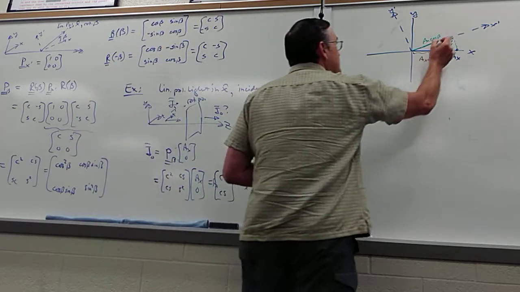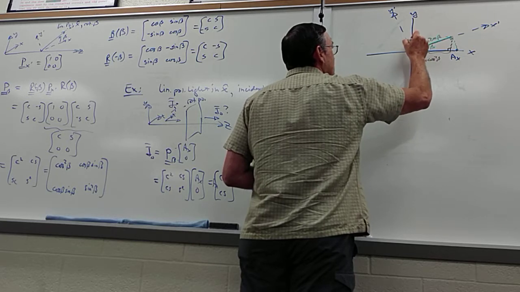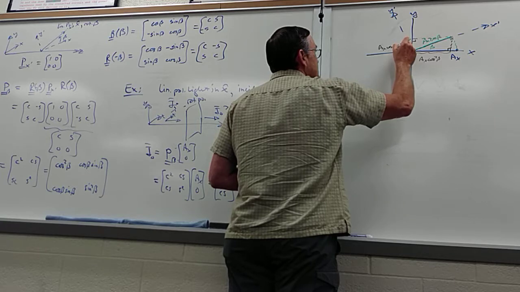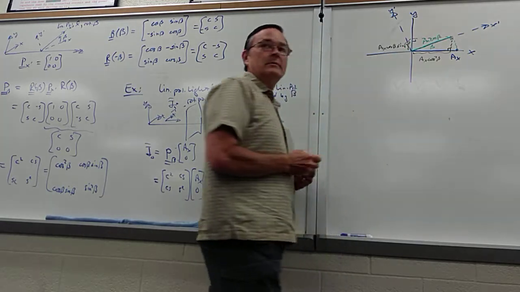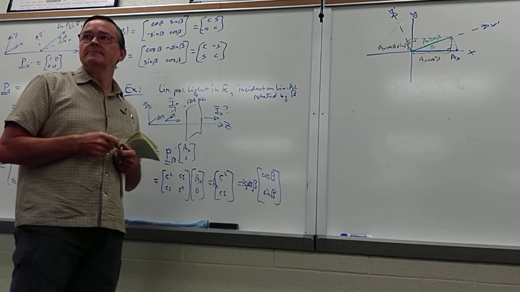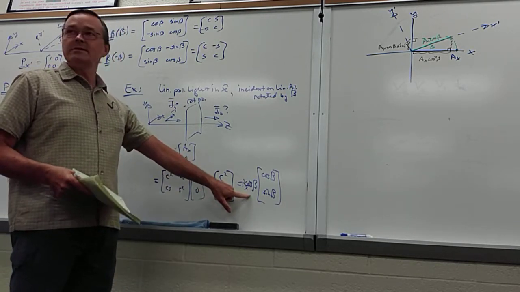And then the fraction of it that's in the Y direction is just here, and that is A x cosine of beta sine of beta. Make sense? Well, hey, that's exactly what this is.